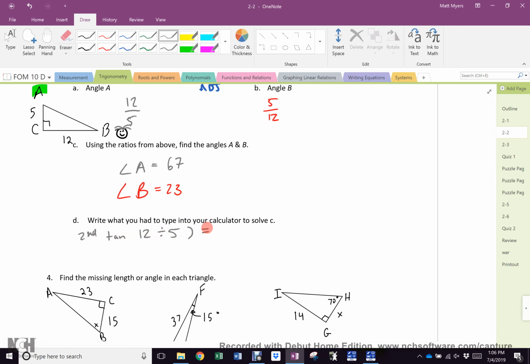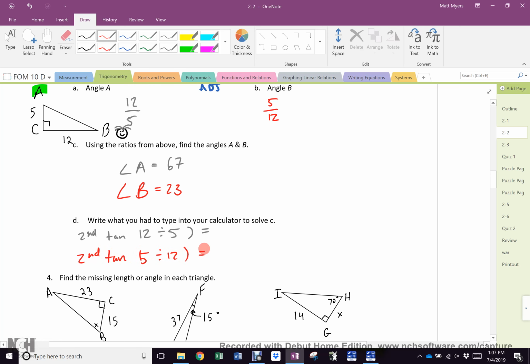So I want you to write down what you had to push. Because, like in all math, if you can do it this once, you can do it every time. And if you write it down, you will always know what to push, even if you have forgotten trig. And the second one, of course, I had to push second, tan, 5 divided by 12, close brackets, equals.